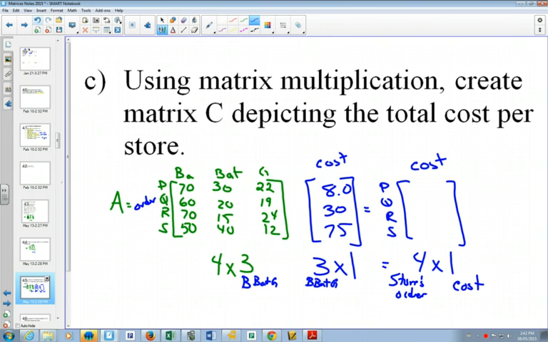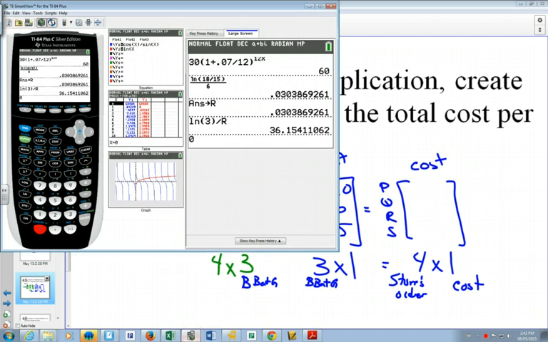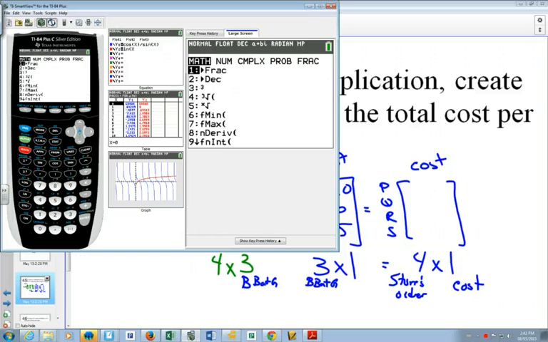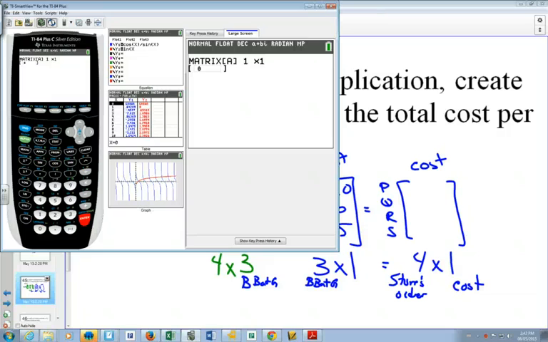So what we're going to do is we're going to put these into our calculator. We could do this by hand, but the idea of matrices is that if we can do these calculations quickly, it will save us time. So if you go to second matrix and go over to edit, what you can do is enter these in. Our first one was a 4 by 3.